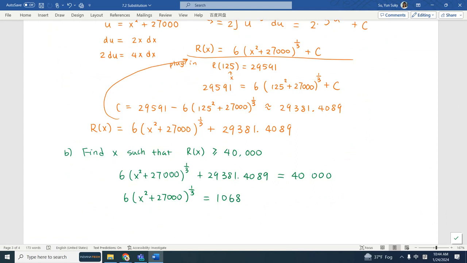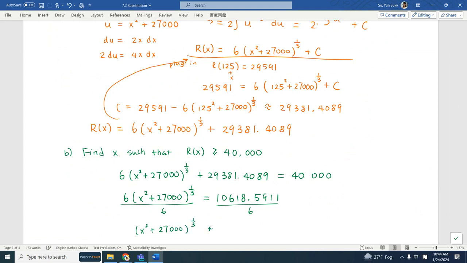10618, then 4 decimal places. Thank you. Okay, then what do we do next? Divide by 6. Yes, let's divide it by 6. So we get x squared plus 27,000 to the 1/3.